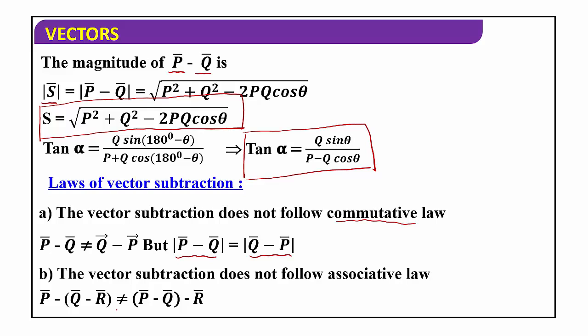So this is all about subtraction of vectors. Remember, till now we studied what are scalars and vectors, what are the types of vectors, how to add two vectors, how to subtract two vectors, and also we studied three laws in addition of two vectors, and they are triangular law, polygon law and parallelogram law.